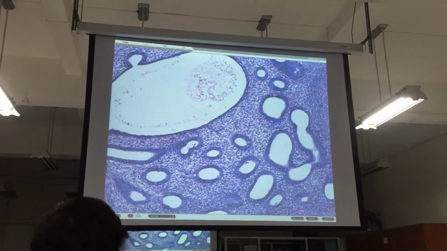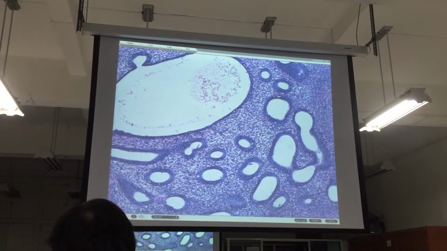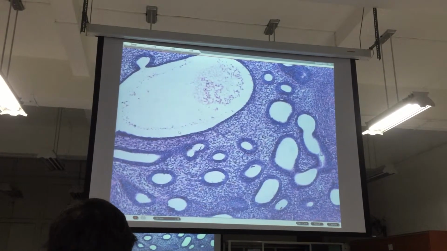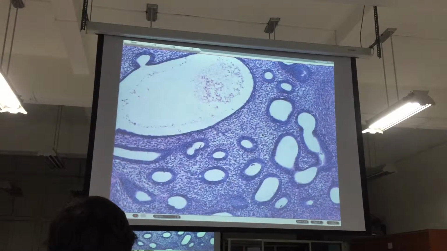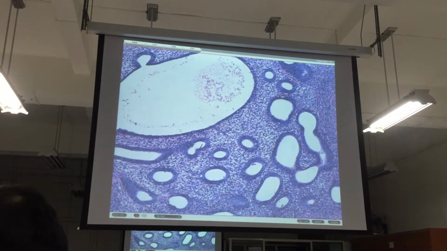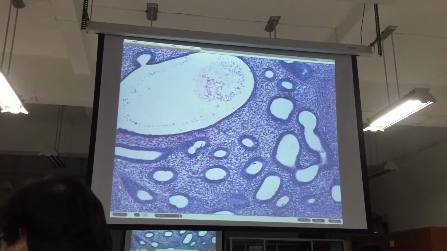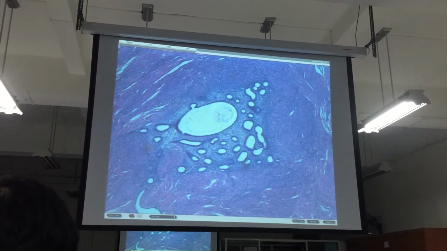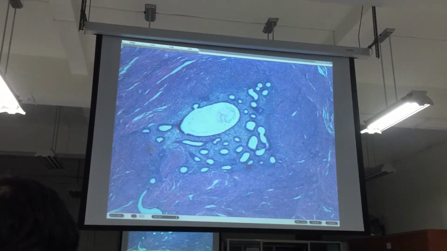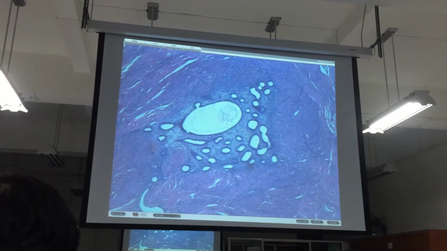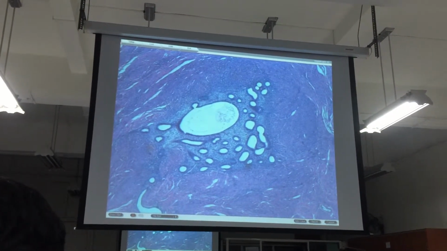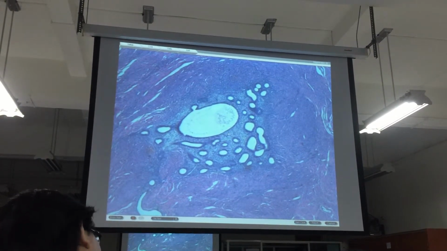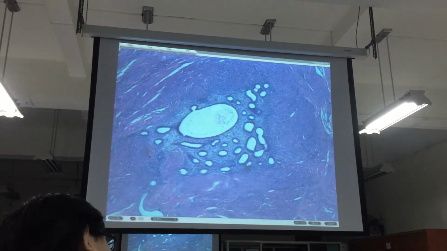Endometrial tissue, because those are glands, endometrial glands, and the stroma is characteristic. Going back to scanning magnification, what is the tissue around it, around this endometrium?